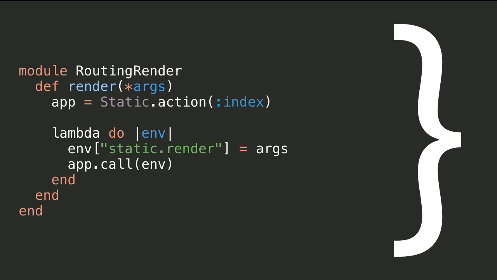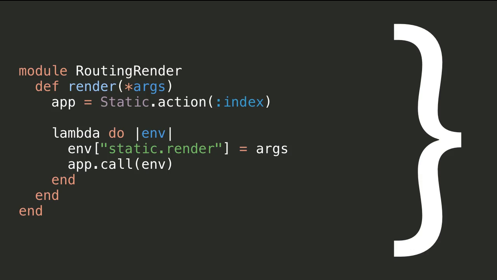Second of all, in Ruby, a lambda or a proc responds to call, so we can simply return a lambda as a valid Rack application. We don't need to create a separate class. Since it's very simple, we're going to do that here. We simply return a lambda that takes an environment, and inside the environment we stash the arguments that we pass into render, and then we call the action for the Static controller with the environment.